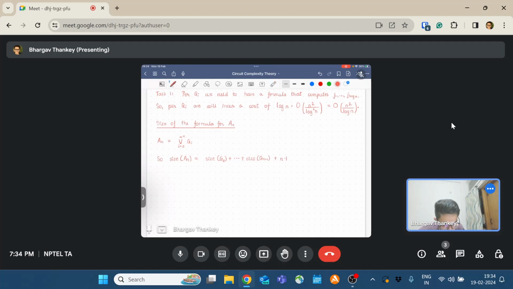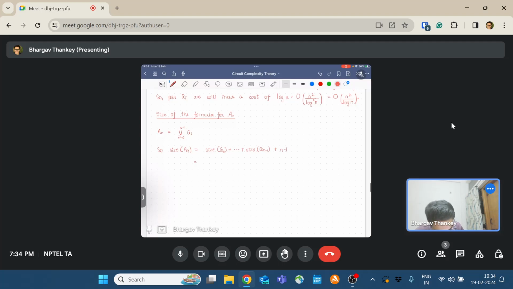So this is n times the size of G0. This is actually less than or equal to. My claim is that this quantity is upper bounded by this.